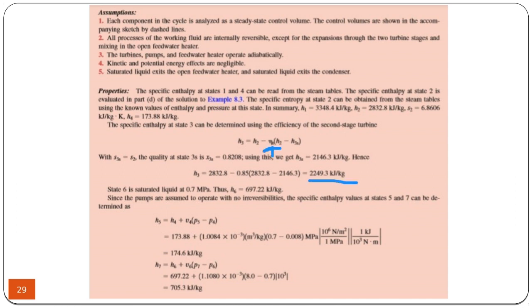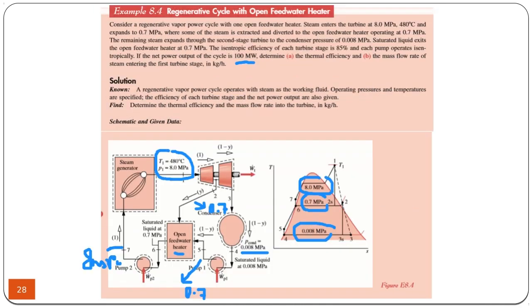And h3, which is the exit of the second part of the turbine, here, this one or that one, is also calculated by using the isentropic efficiency of the turbine.